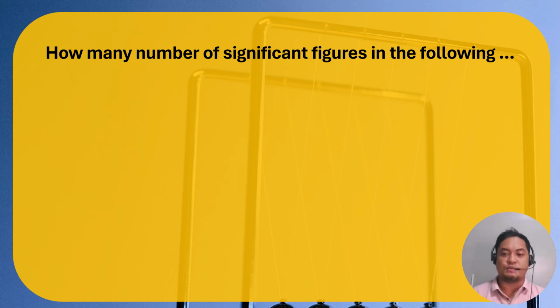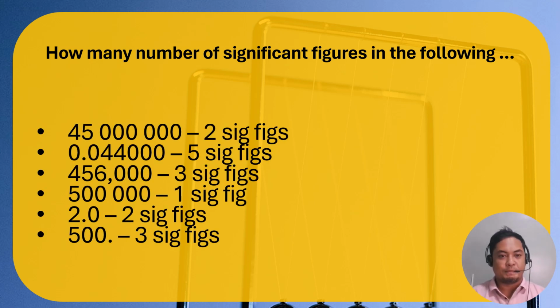Let's reveal the answer. In the first bullet, we only have two sig figs here, probably 4 and 5, and these are insignificant. Now in this case, for sure, this is insignificant, and we have five sig figs here.